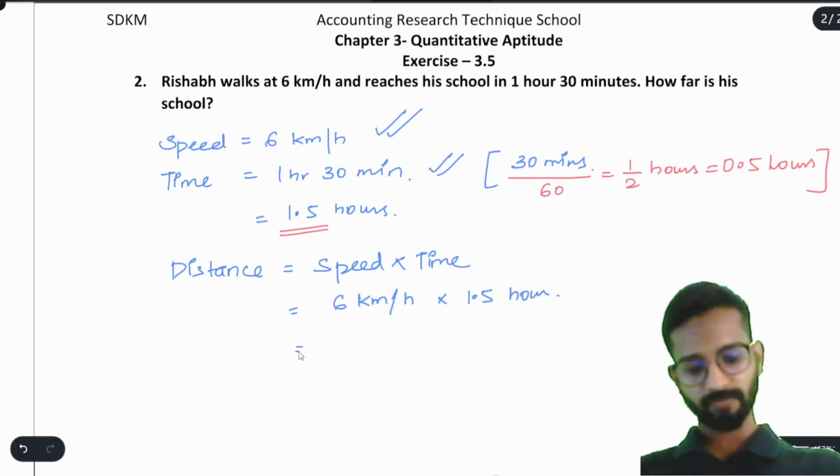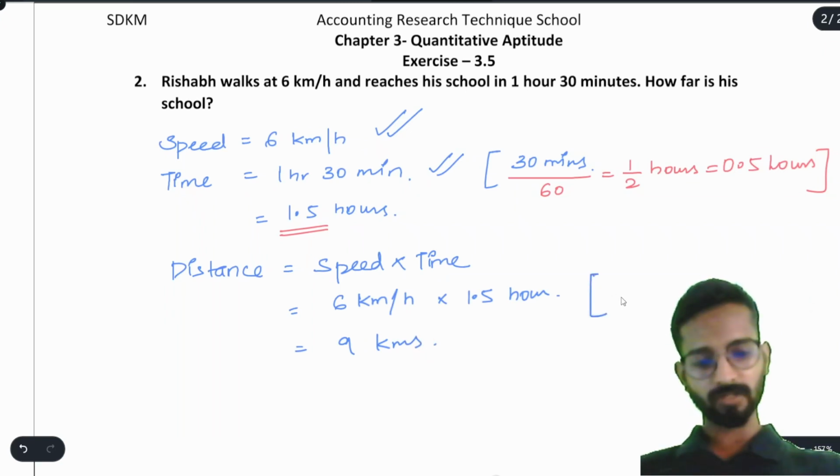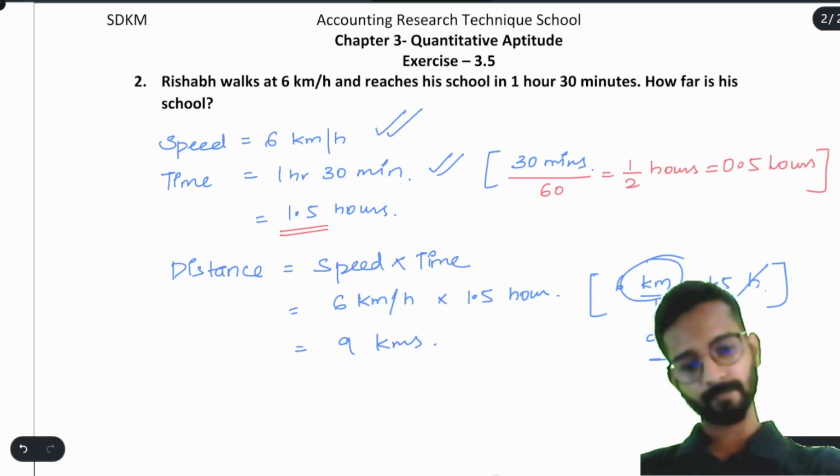So 6 into 1.5 is 9 kilometers. If you think like this, 6 kilometers per hour is multiplied with 1.5 hours. We know 6 into 1.5 is 9, that is not a problem. See, the units are also cancelling, hour and hour cancelled. So the answer will obviously be in kilometers only. That's why distance is equal to 9 kilometers, okay.